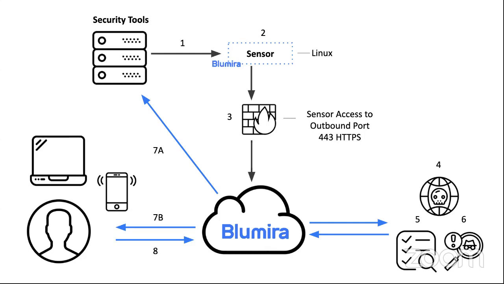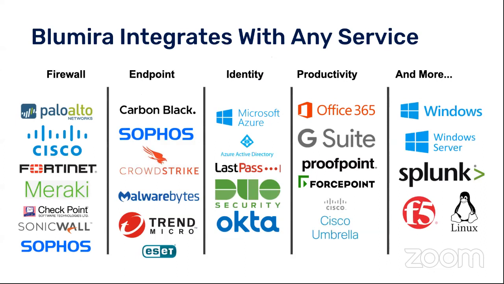The sensor will also use API connections for data services that are cloud-based themselves, things like Office 365 or CrowdStrike or Carbon Black Defense. The sensor just communicates outbound on port 443 HTTPS and sends all the data to the cloud. You get all the results through the portal and notifications of when something's important to act on, as well as being able to see reports from a managerial level dealing with compliance.